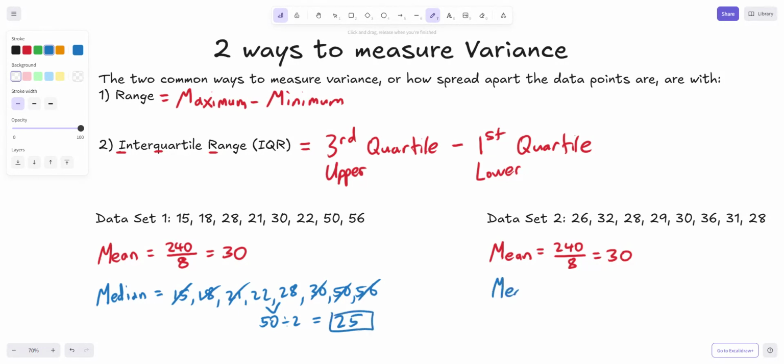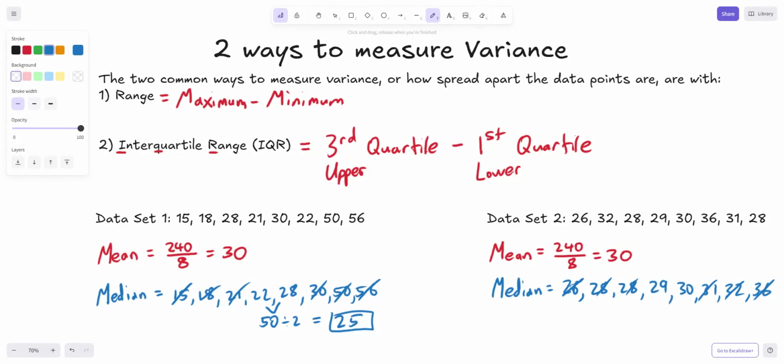For data set number 2, my smallest number is 26. And then there's 2 28s. And then 29. And then 30, 31, 32, and 36. So again, with 8 numbers, there should be 2 numbers in the middle.